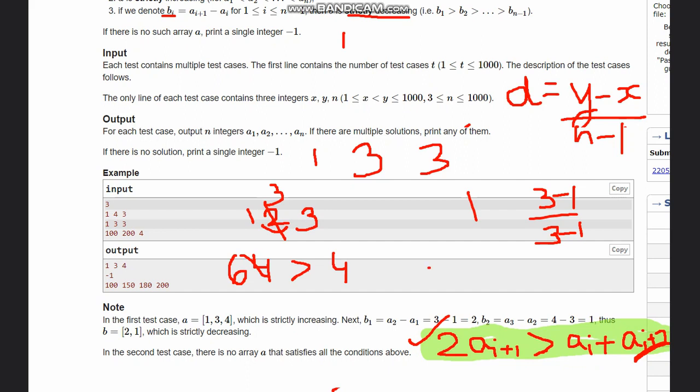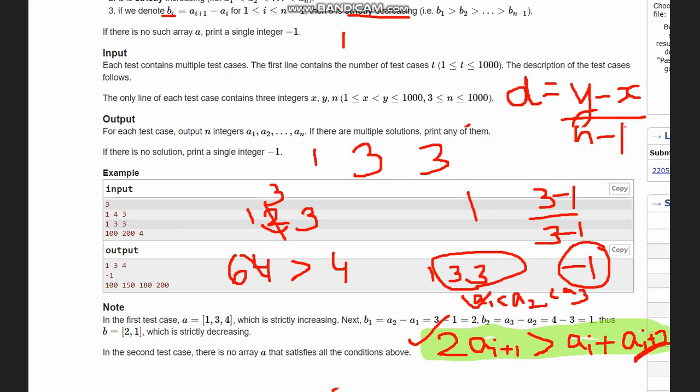So we have the new series as 1, 3, 3. Now we check the condition of the ai's, that is a1 is less than a2, a2 is less than a3, and so on. And if you see here, a2 is equal to a3, so this condition is not satisfied, hence we return -1 in this case.